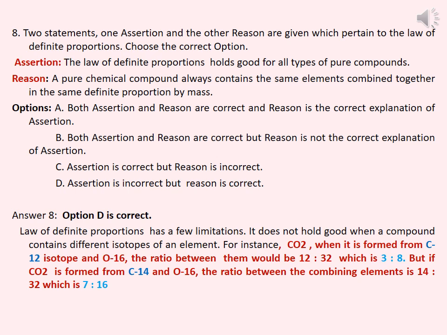Hence, in such cases where an element exists in the form of different isotopes, the law of definite proportions will not hold good. Carbon dioxide, which is having the C12 isotope in one case and the C14 isotope in another case, will not obey. So in such cases, the ratio between the elements will not be the same.